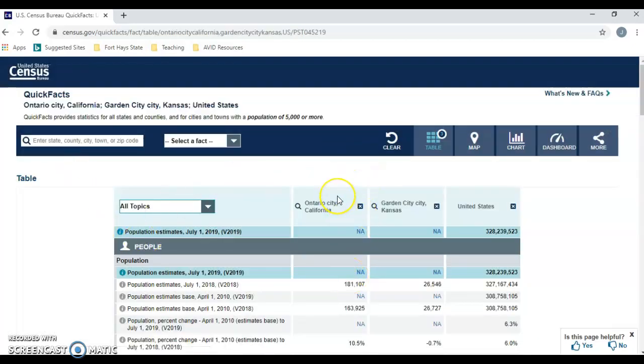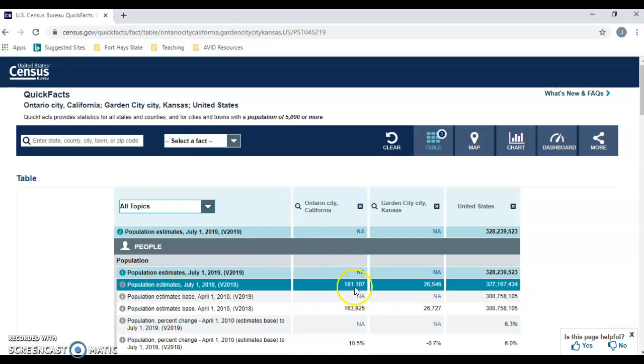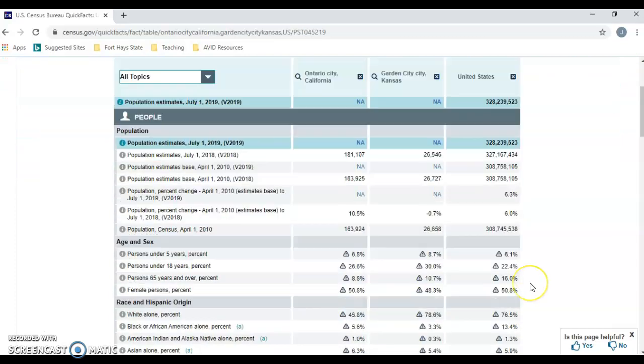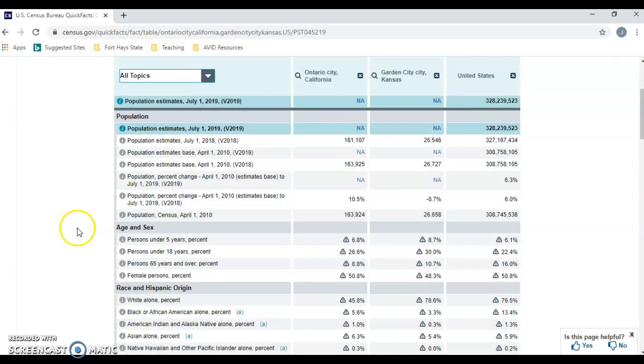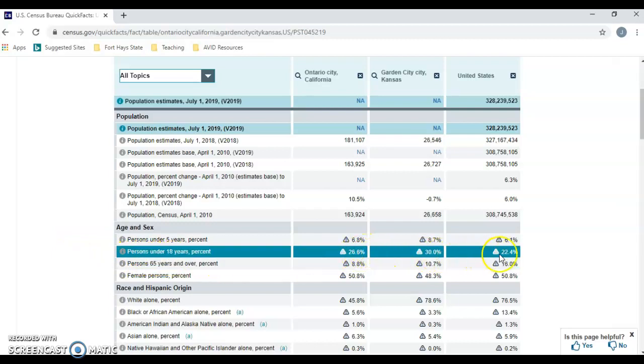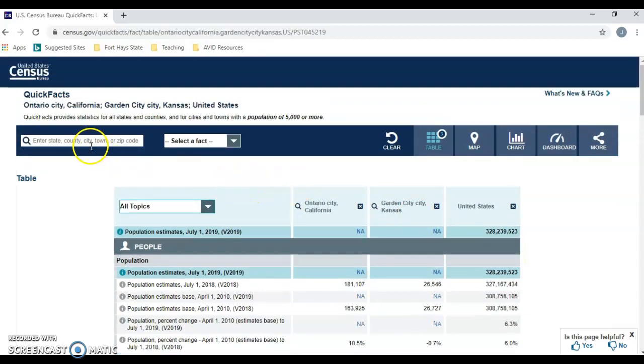As you can see, it aggregates it so that I'm now comparing Ontario, where I'm from, to Garden City, where I'm at, to the United States. And so I would be able to look at that first question, persons under 18, and compare all the data across the table. Now, in this particular assignment, you will be comparing 3.